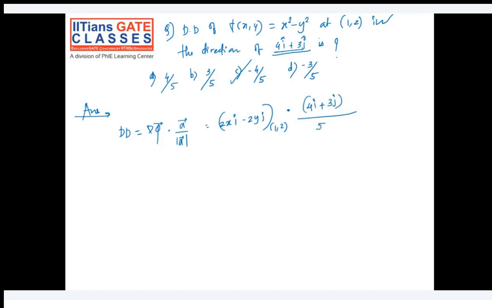In short, 2i minus 4j dot 4i plus 3j divided by 5. The dot product gives 8 minus 12 divided by 5, which is minus 4 by 5. So option C is correct in this case.